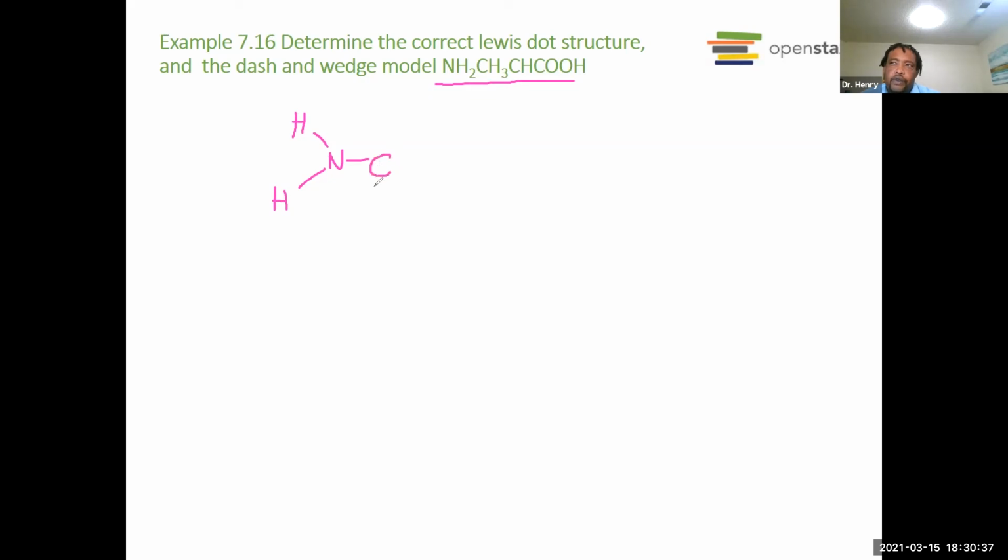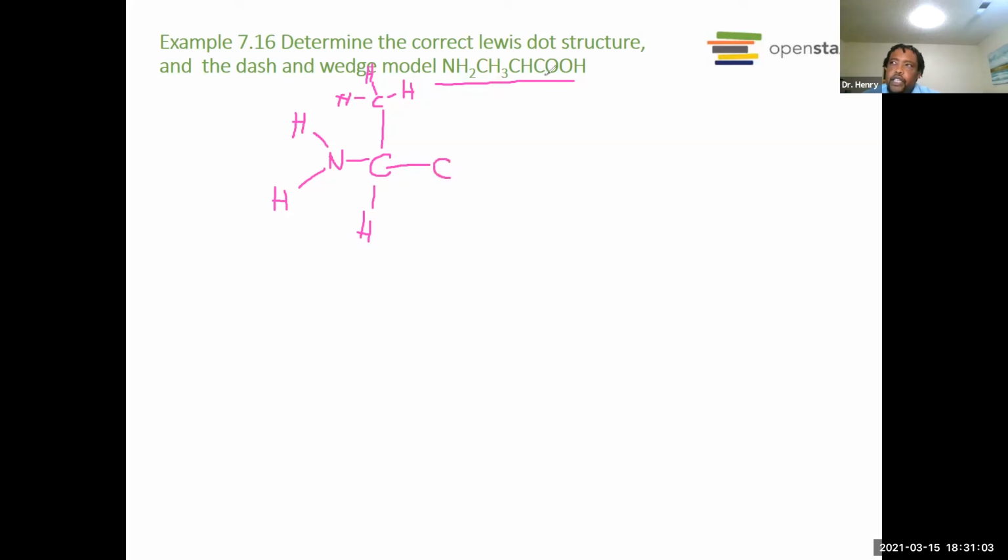So we'll have that C, we'll have that H, and then this carbon here is going to be attached to this carbon. And then this carbon is going to have 3 hydrogens around it. So it'll have 4 attachments because then we'll have it attached to that carbon.